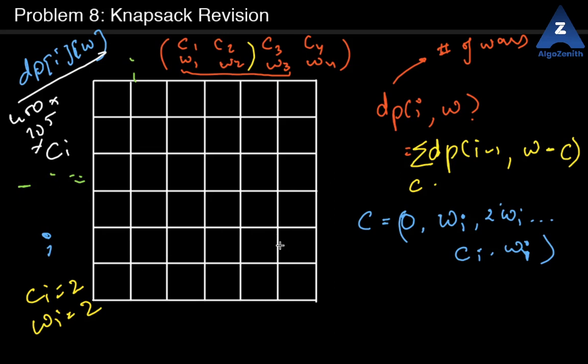Let's say you are considering some particular cell, okay, so let's say this takes from this and this only. Now let's say this will be the case when ci is equal to 1, right?